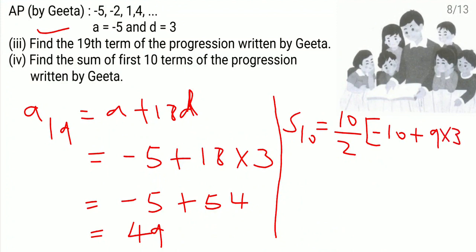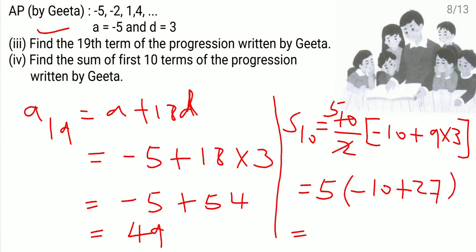Okay, so this is 5, 2 ones are 2 and 2 fives are 10. Inside the bracket, minus 10 plus 27, which is equal to 5 into 17. And 17 fives are 85. So the sum of the first 10 terms of Geeta's AP is 85.